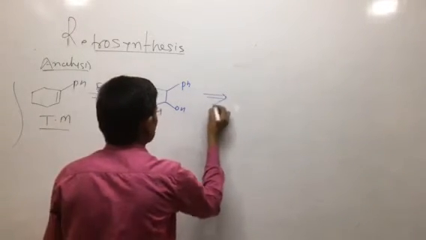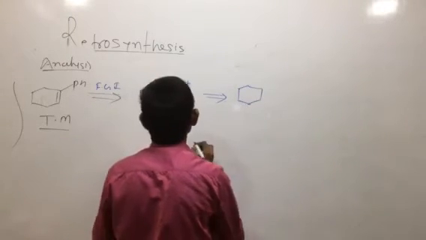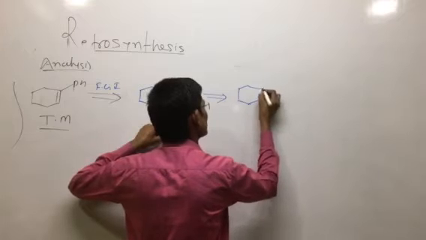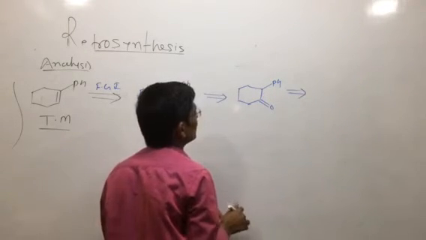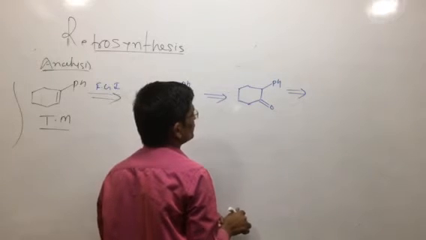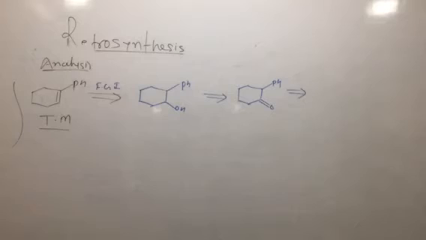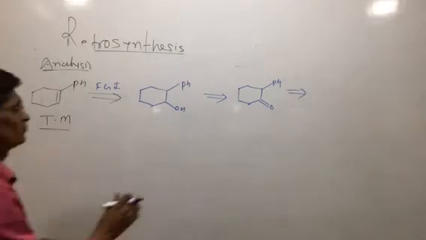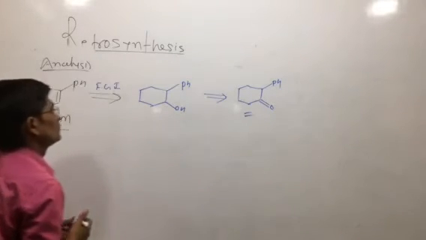Again, this is how it is. Ketone is there. Again, how is this ketone oxidized? Okay. So up to the marks, this is what?